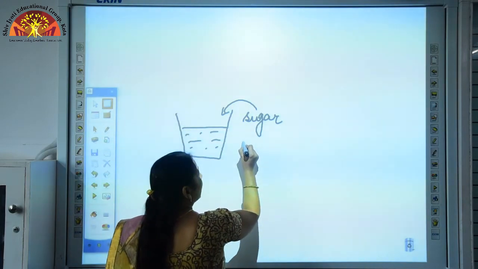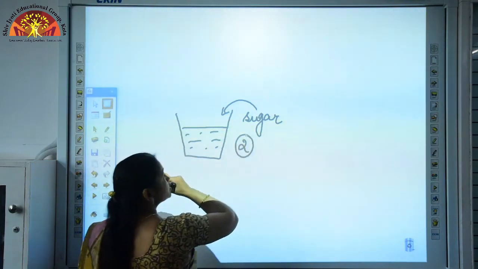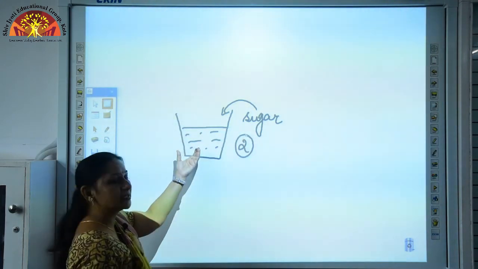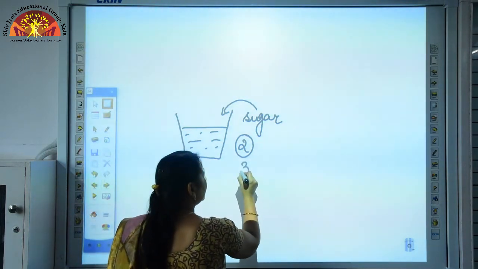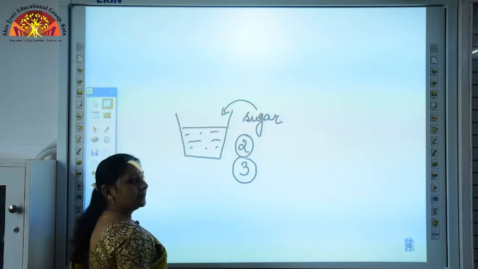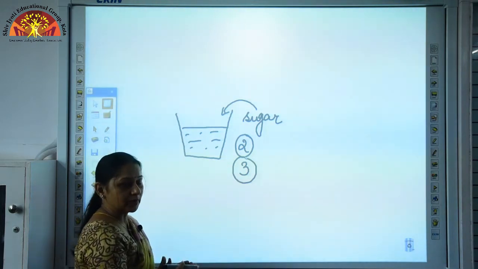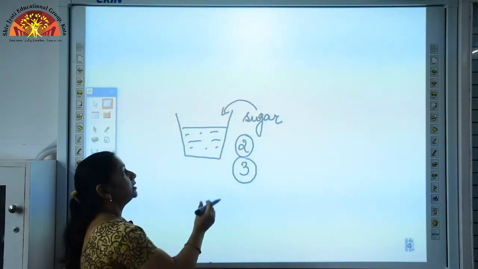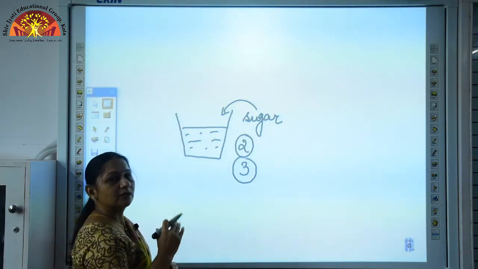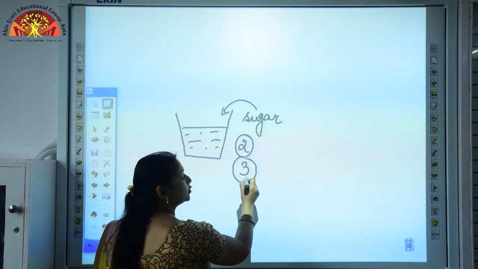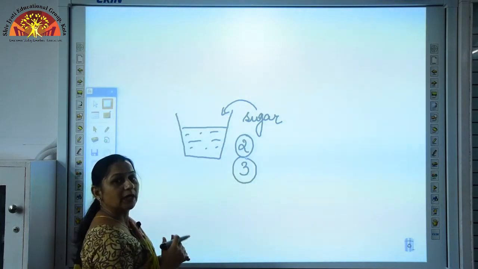Again, if I add one more spoonful of sugar into it, it will again dissolve. If I again add one more, then the solubility will decrease. The time taken to dissolve this third spoonful of sugar will be more.